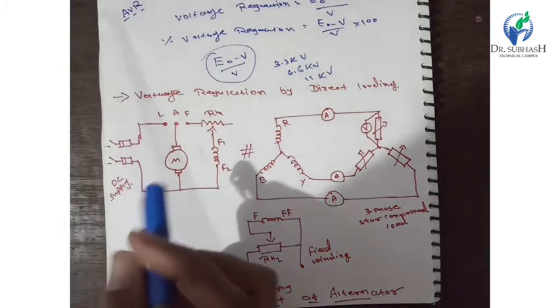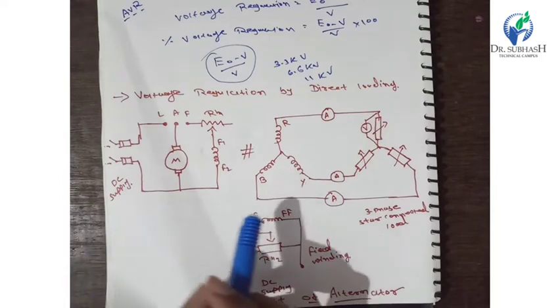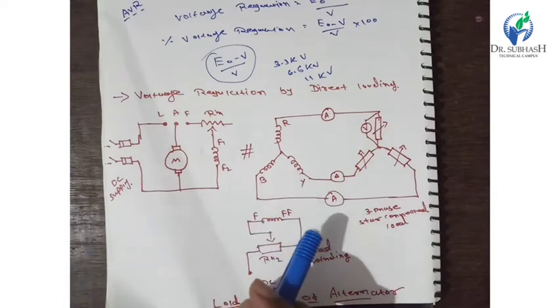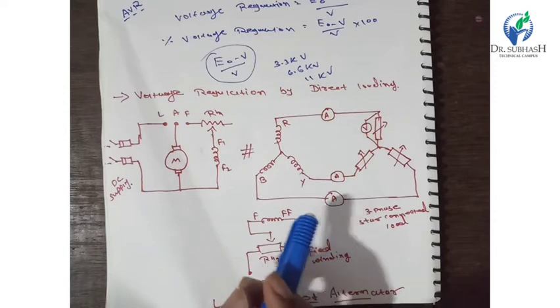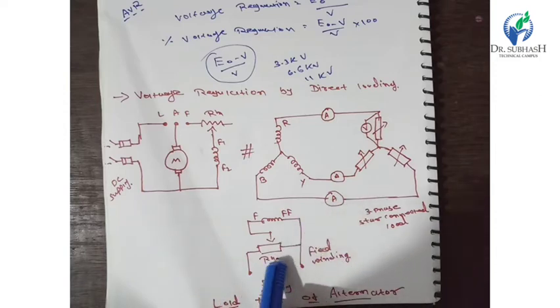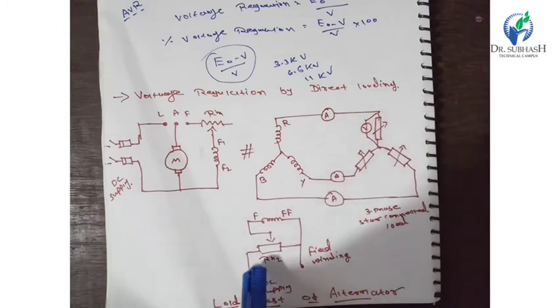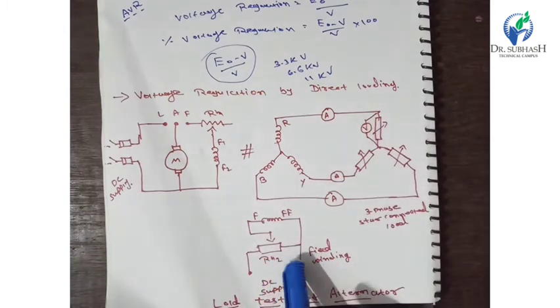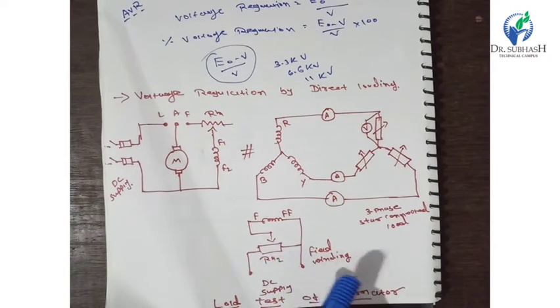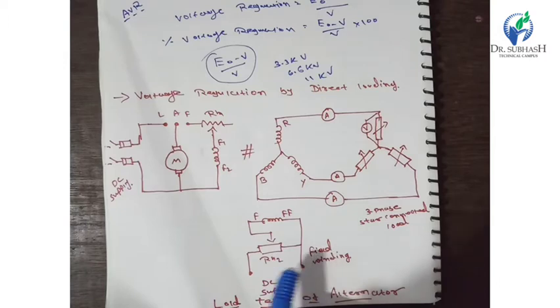Now we discuss the main aim of the direct loading method for voltage regulation. The main aim of this test is to perform the load test on a three-phase alternator to determine the efficiency and regulation. The second aim is to determine the effect of the load power factor on the terminal voltage of the alternator.